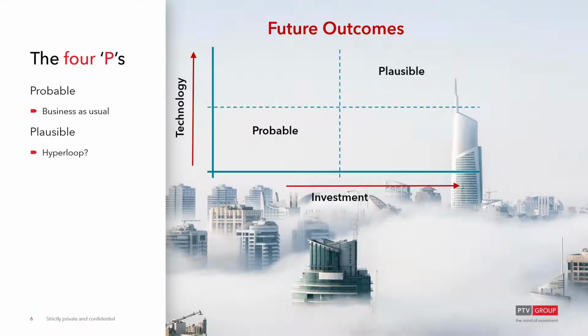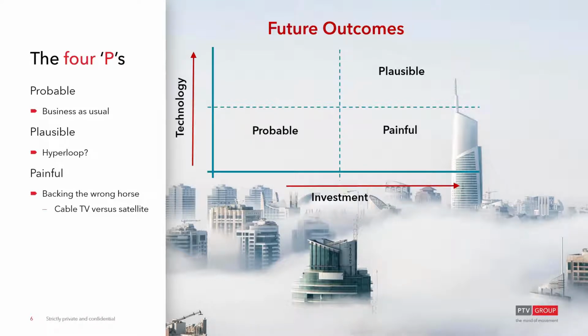Then we have the plausible future, where if you spend as much money as you possibly can on all sorts of technology, you might arrive at something that is plausible. Hyperloop is one example, I suppose. It's plausible, it could happen, but really, I'm not sure it'd be a good business decision to do that.